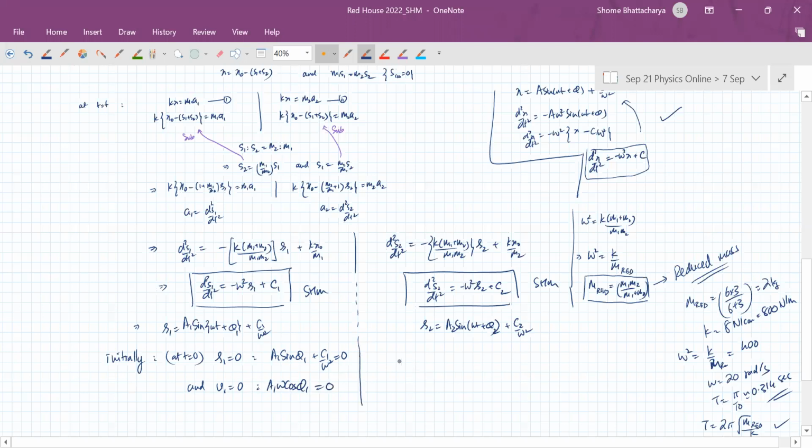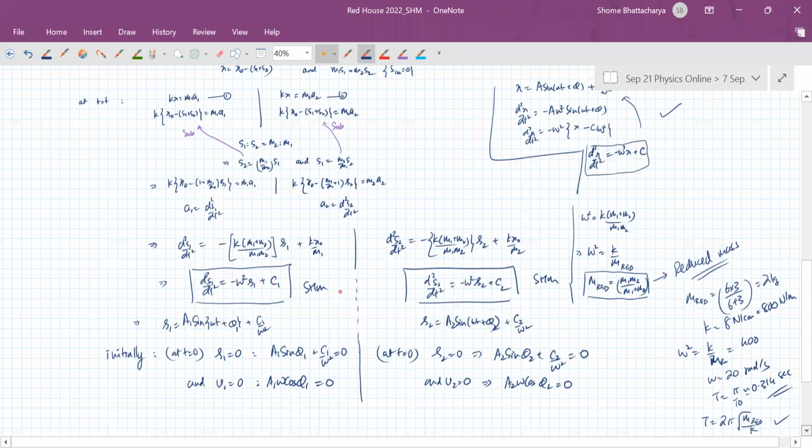And same for this also. At t equal to 0, S2 should be 0. This implies A2 sine phi 2 plus C2 by omega square should be 0. And V2 is equal to 0. So that implies that A2 omega cos phi 2 is 0.